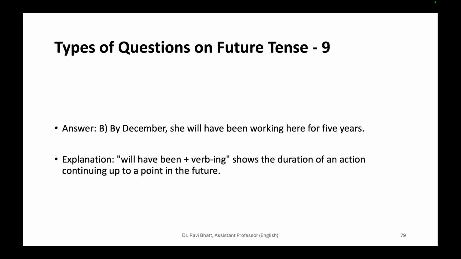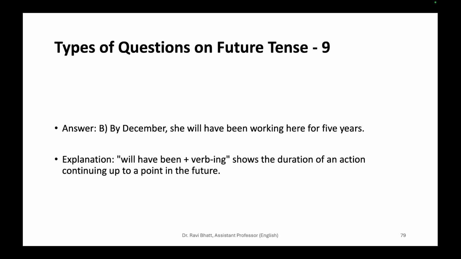Always remember that, because these things create petty confusions and you end up making silly mistakes. Now the correct answer here is B. By December, she will have been working here for 5 years, and the explanation is that will have been plus verb ing form shows the duration of an action continuing up to a point in the future.